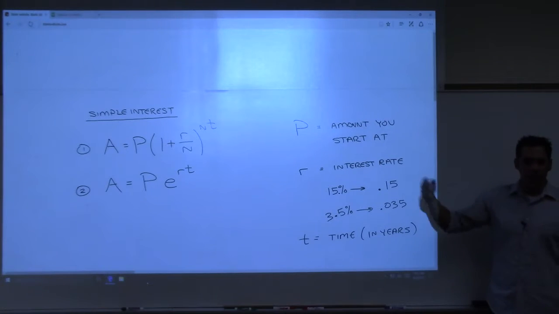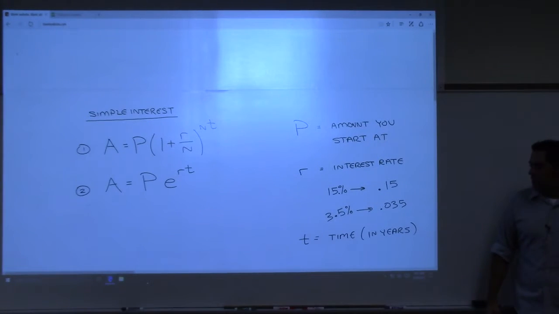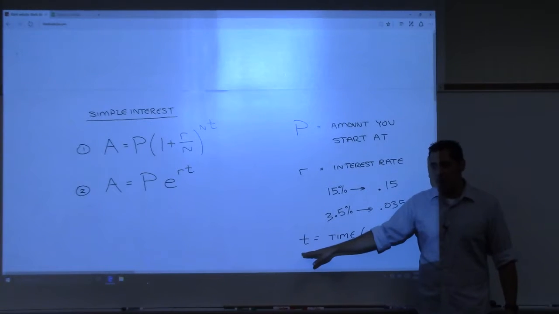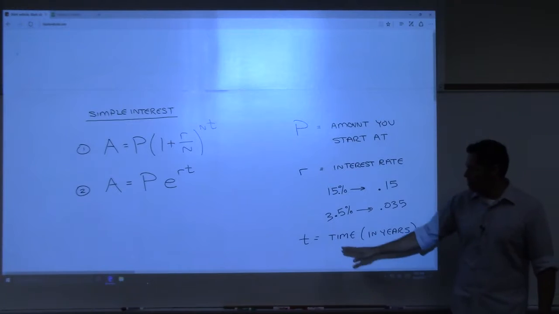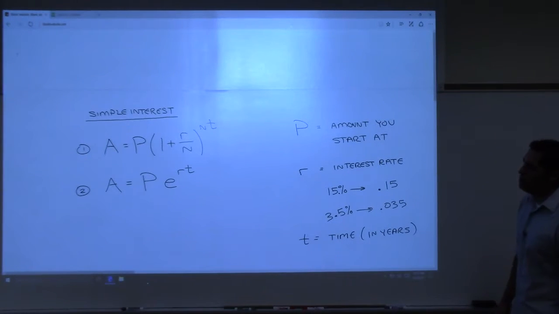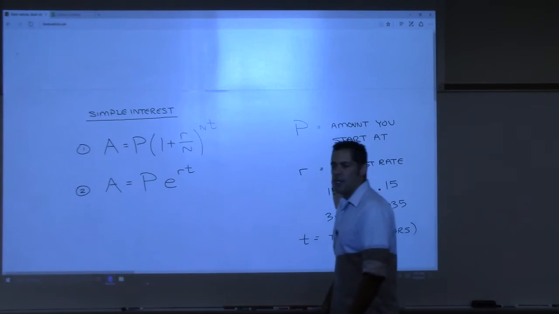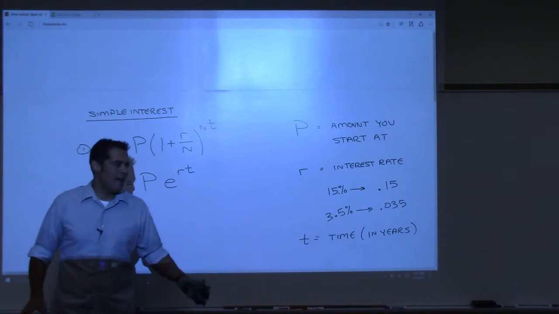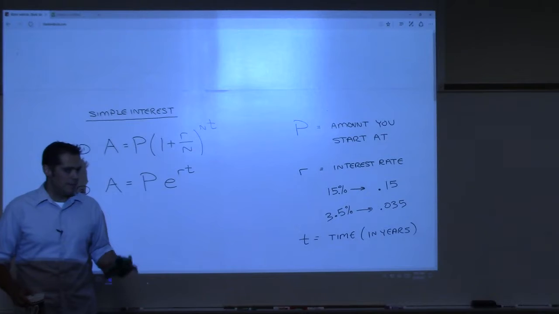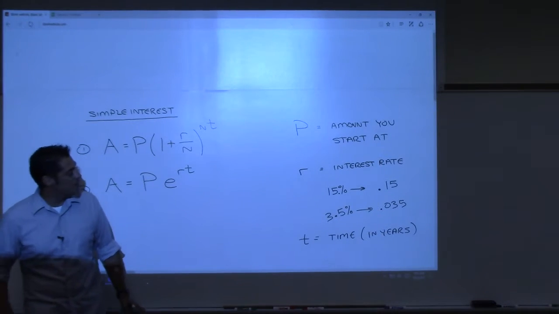That means you're going to have to pay it back in 4 years. Then we need to know that, because how much you owe at the end of 4 years is going to be different than how much you would owe at the end of 2 years. All right, so T is time in years. What if you borrowed money for 6 months? T would be 0.5 or 1/2, however you want to do it. So you have to pay attention to that in the wording of the problems.